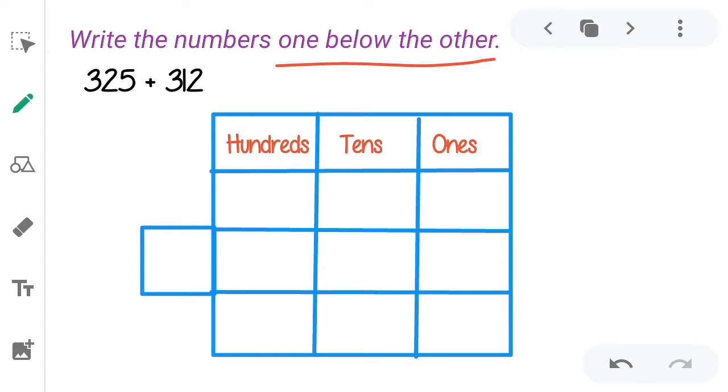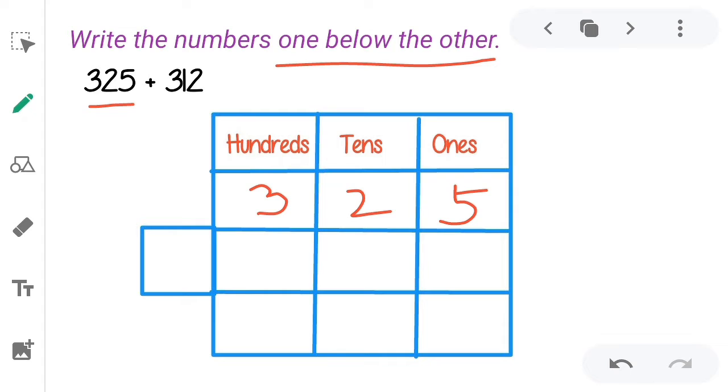So the first number here is 325. Children, you already know that 325 has 3 hundreds, 2 tens and 5 ones. So accordingly we will write it in the place value chart. So we have 3 hundreds, 2 tens and 5 ones.